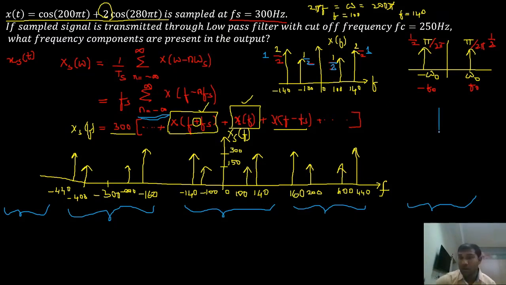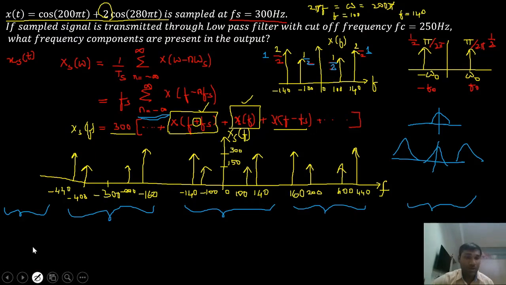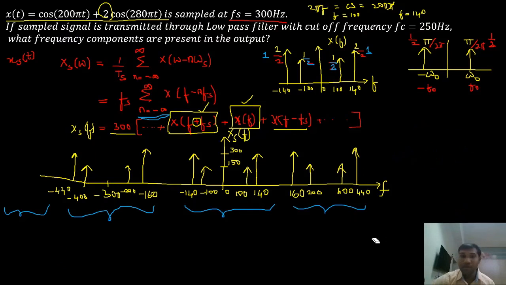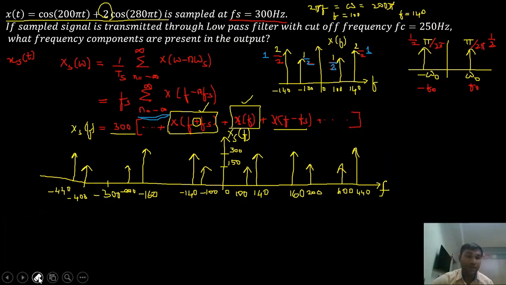This was the original frequency spectrum, and for the sampled version, it would look like periodic repetitions. So now we have created the spectrum for my sampled signal, that is xs of f.